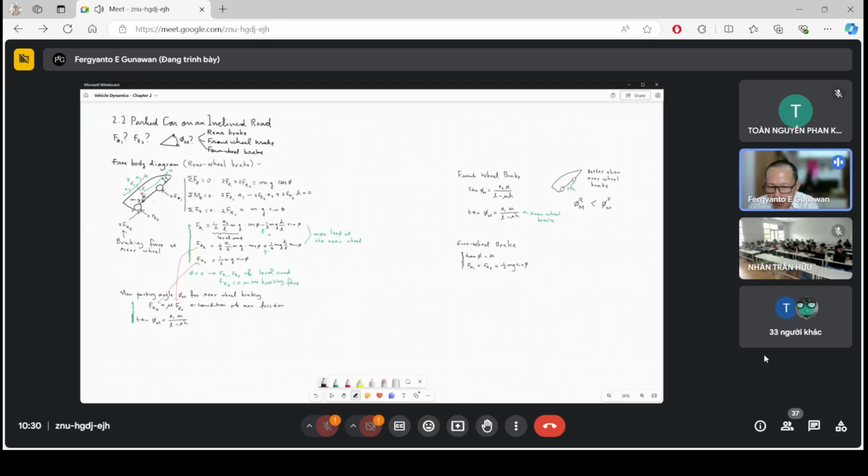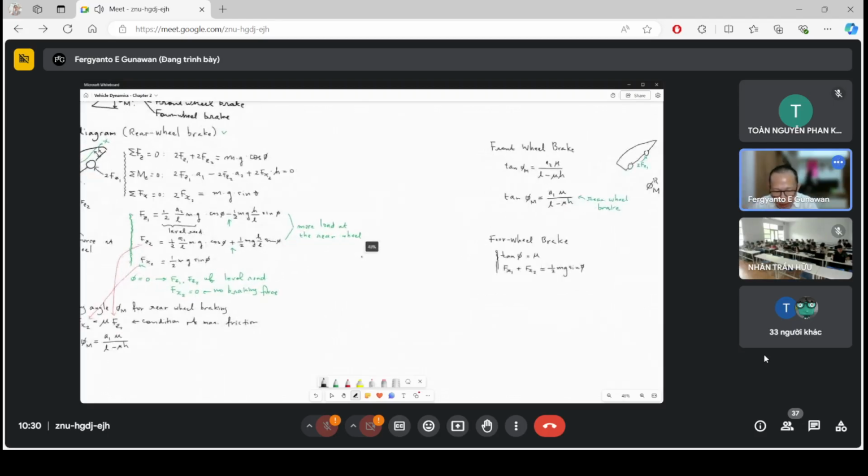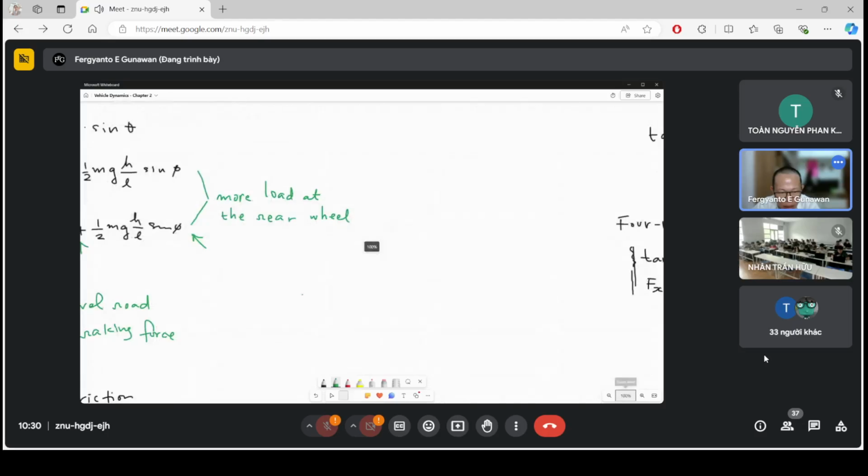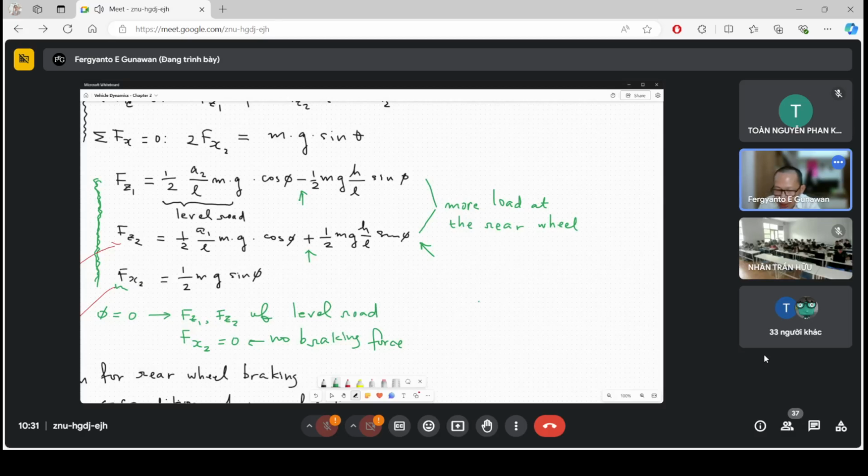This one is only applicable for the rear wheel.